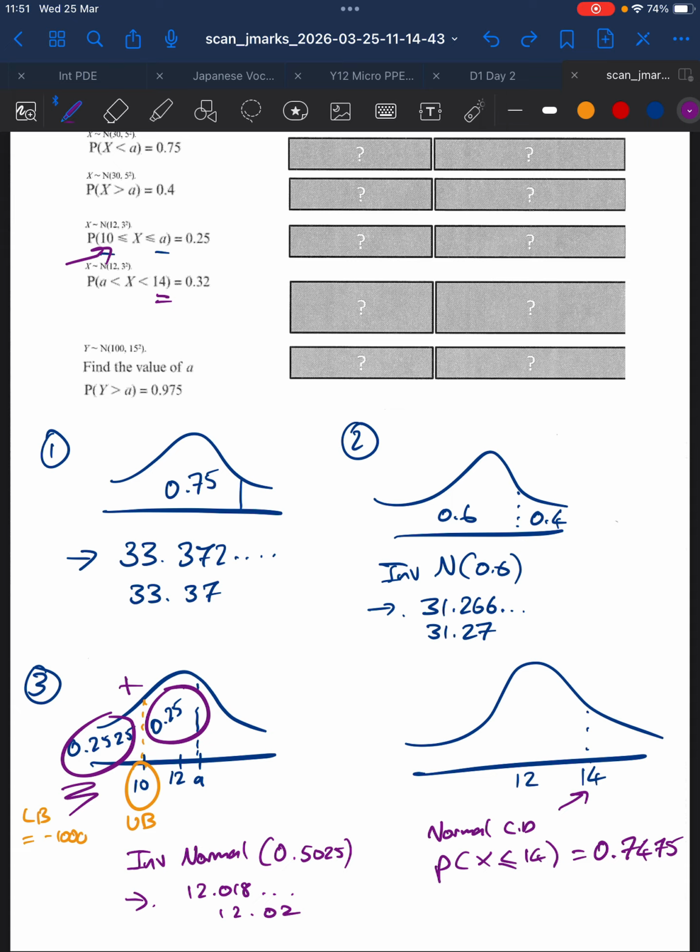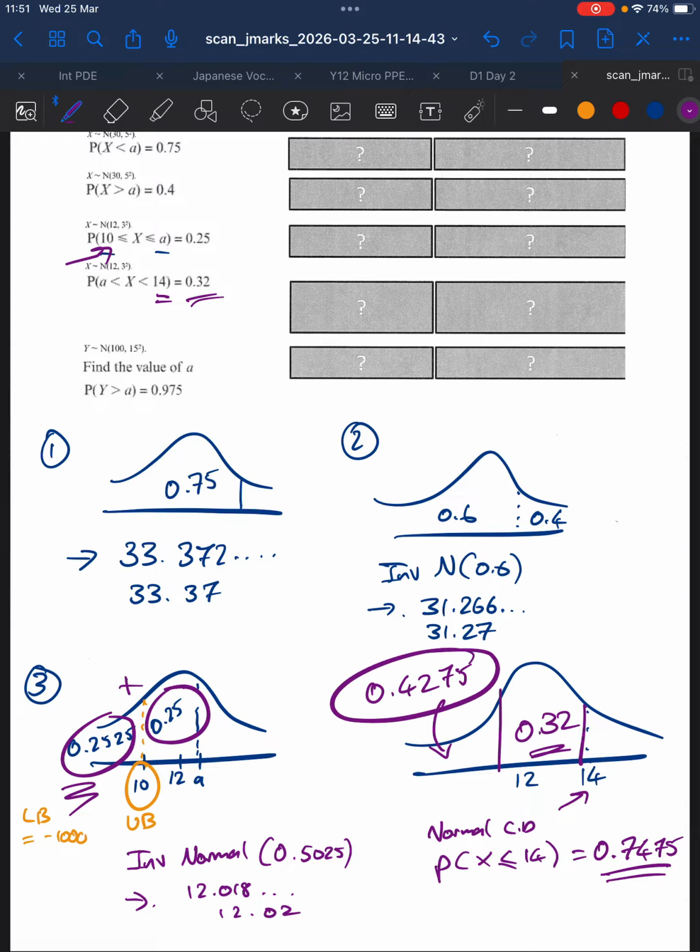But I only want to go down by 0.32. So I don't know exactly where that is. Let's guess that it's about there somewhere. So if I want that bit to be 0.32, then this has to be the difference of those values, yeah? So the difference of those values is 0.4275 approximately.